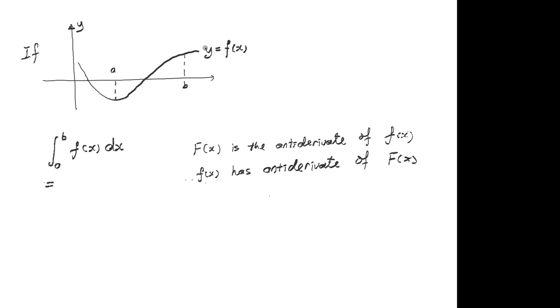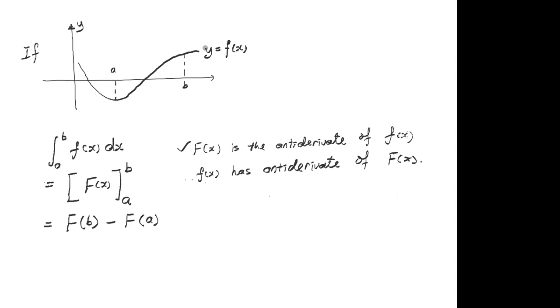It's the same thing. So I will put down a square bracket, and I will put F(x) here, and I put a here, and I put b here. Then I sub with b, the one on top, take away sub with the one at the bottom.